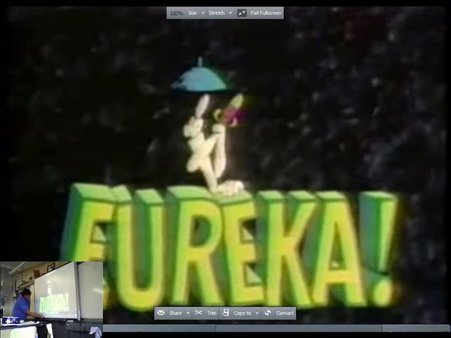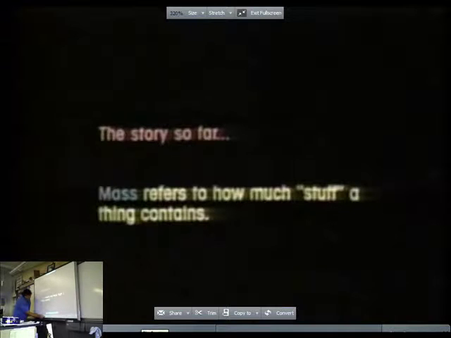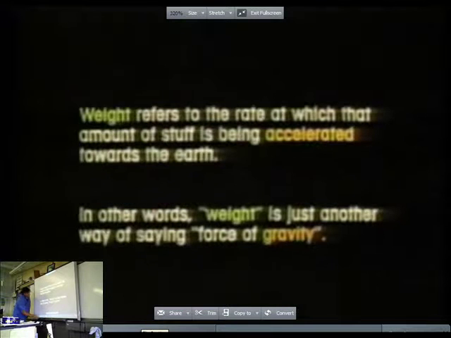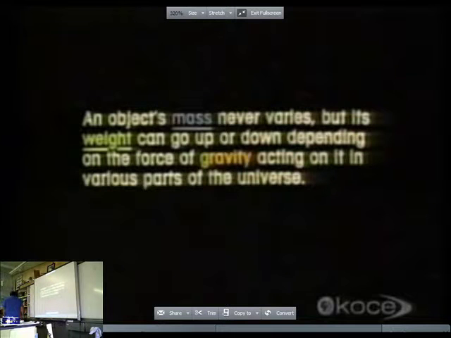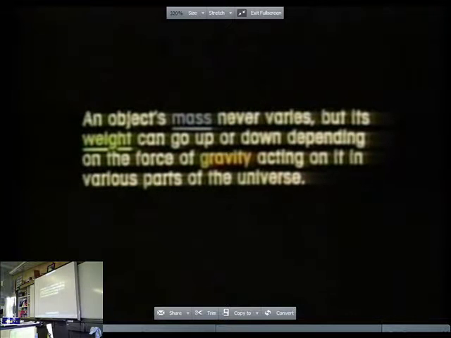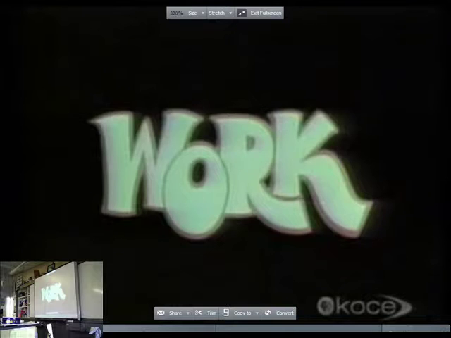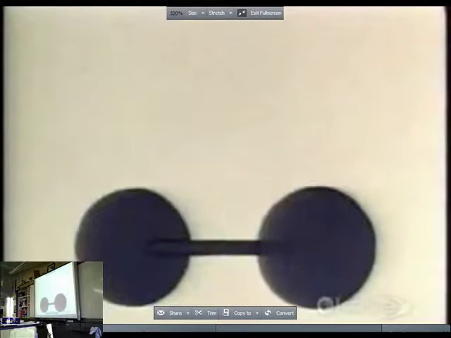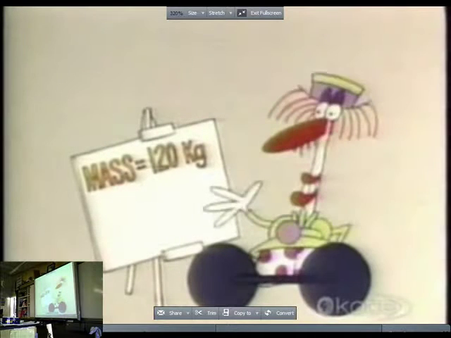Mass refers to how much stuff. In other words, weight is just another way of saying force of gravity. An object's mass never varies, but its weight can go up or down depending on the force of gravity acting on it in various parts of the universe. And now, work. These barbells have a mass of 120 kilograms.